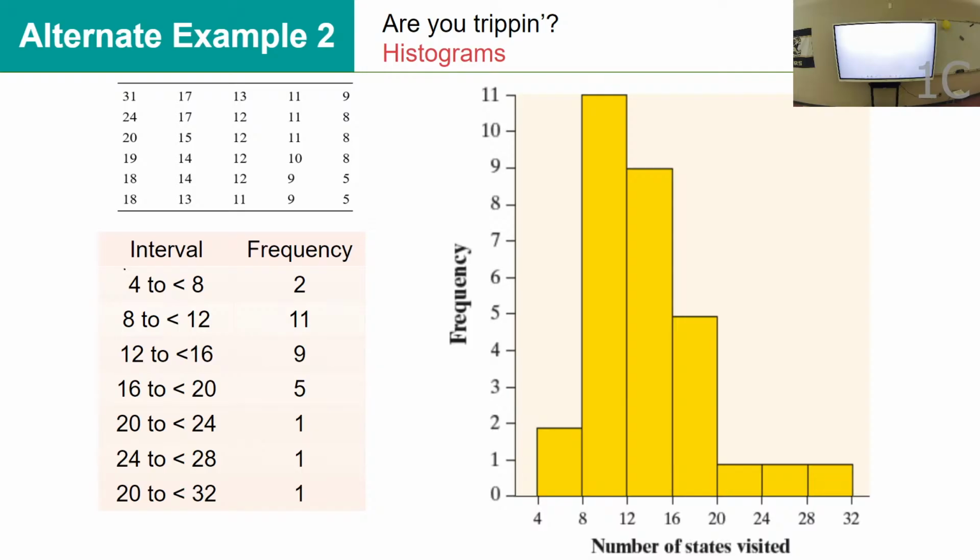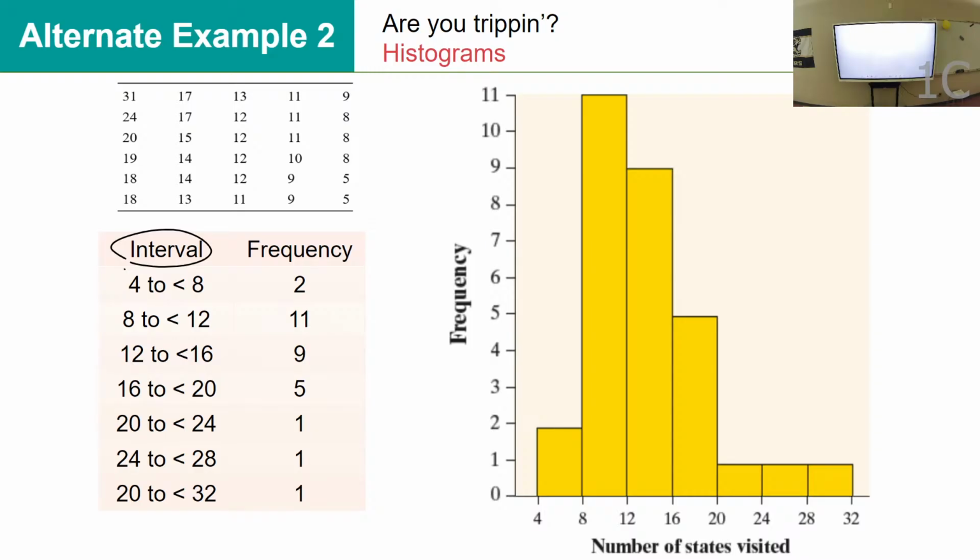Understand this. This is important to understand. Too big of an interval, I'm going to skyscraper that thing. If I'm going to go from 4 to 10, that's quite a few of them. And then I'm going to go from 11 to 15. And then I've almost got them all.